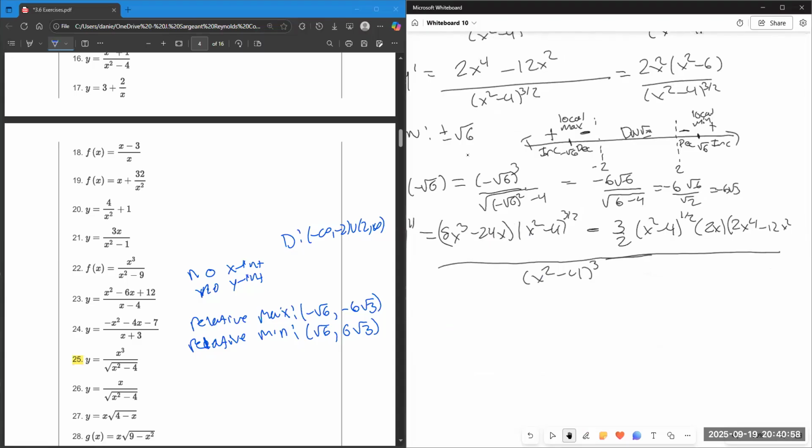So this is 8x times (x squared minus 3)(x squared minus 4) to the 3/2. That would be a 2 that comes out of there and cancels with that, 3x squared minus 4 to the 1/2.